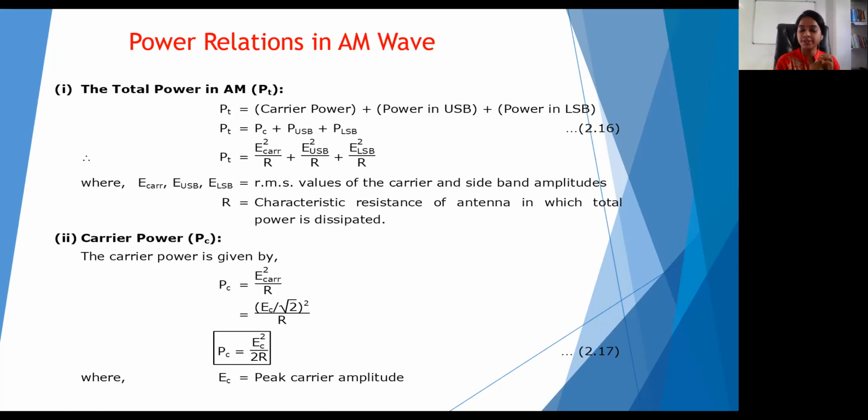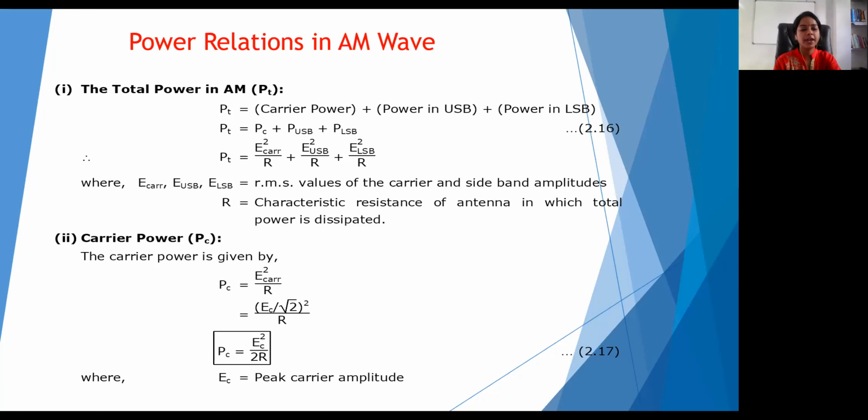So the resistance of any antenna should be very low. Is it okay? So this is how we'll calculate the power for an amplitude modulated signal. We will see antennas in detail. We'll have one unit for it, and there we will have the formula for calculation of the resistance of any antenna.